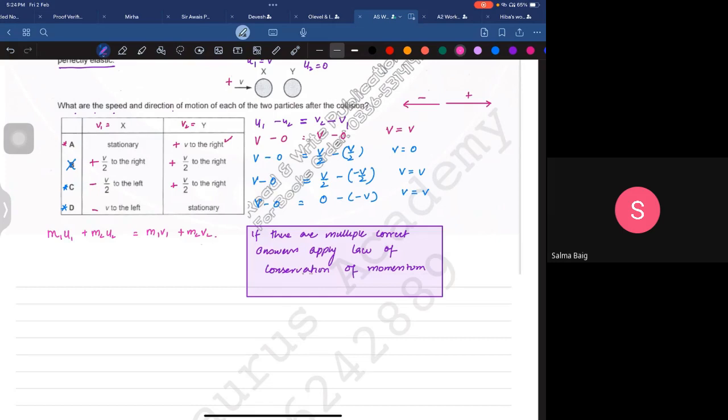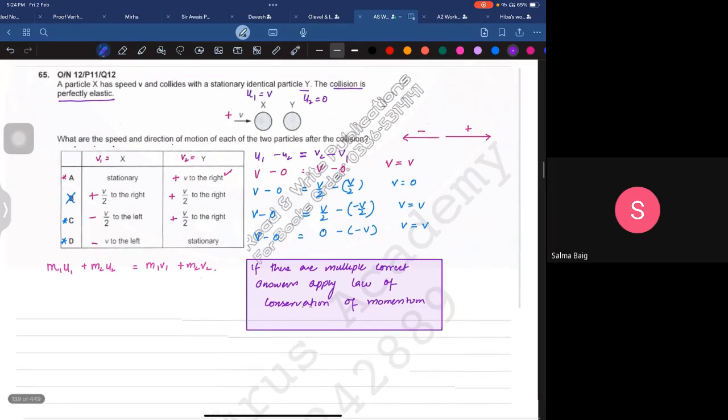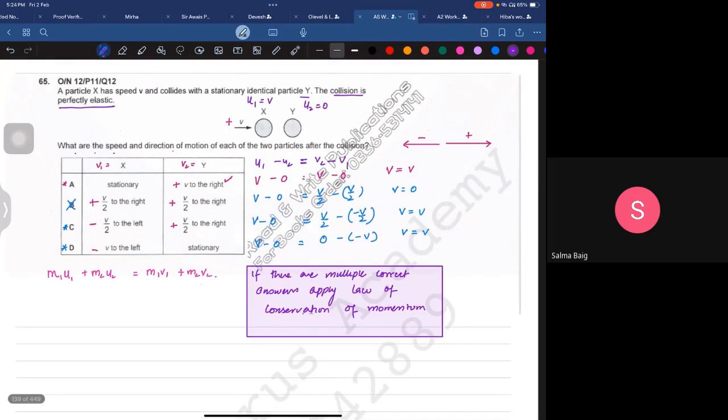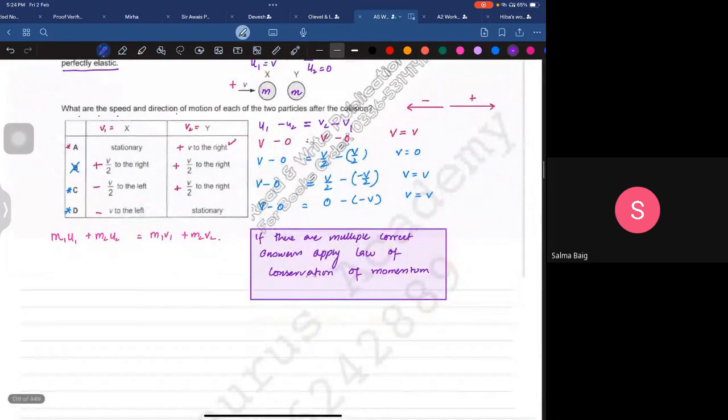Okay, now let's check it out. So basically they said that particles X and Y are identical particles. Identical particles means that they have the same mass. So let's call them M. Doesn't really matter. So I'm going to write M, and then initial velocity was V. This was M, and initial velocity was 0.